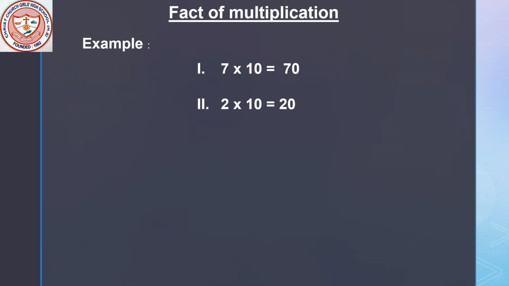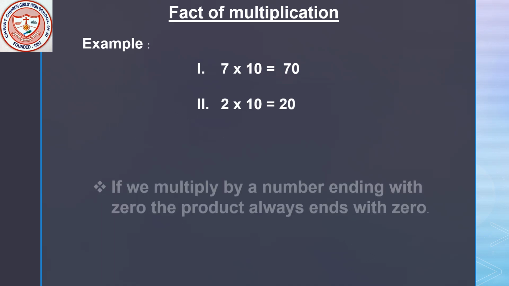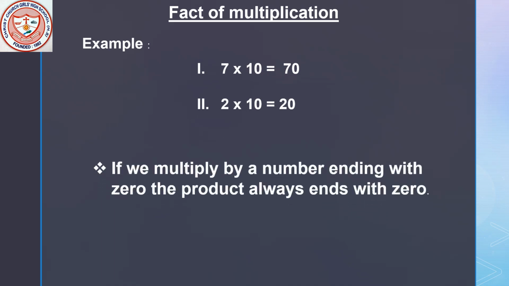So, what does it mean? It means if we multiply by a number ending with 0, the product always ends with 0. See here, 7 into 10 is equal to 70, and 70 is the product, isn't it?